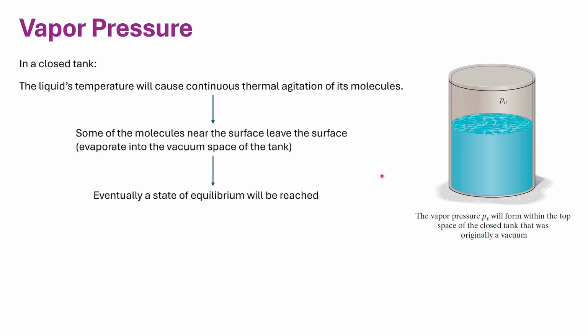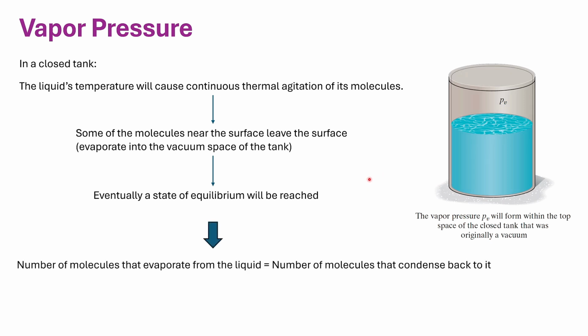Eventually a state of equilibrium will be reached after some time. In that case, the number of molecules that evaporate from the liquid will equal the number of molecules that condense back to it. This is the state of equilibrium.